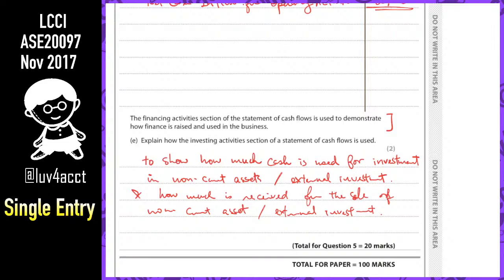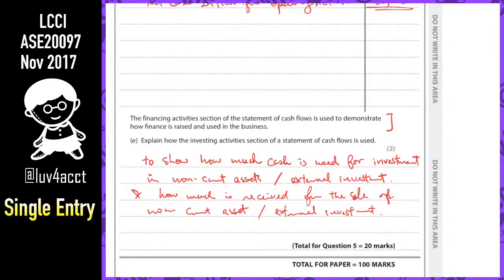But I remember you are also asked one time about investment income. Investment income will also go into your investing activities as positive because you receive return from your investment made. 2 marks. You just explain, and you can also say how much net cash is used or is received from investing activities. That is the general use of it.